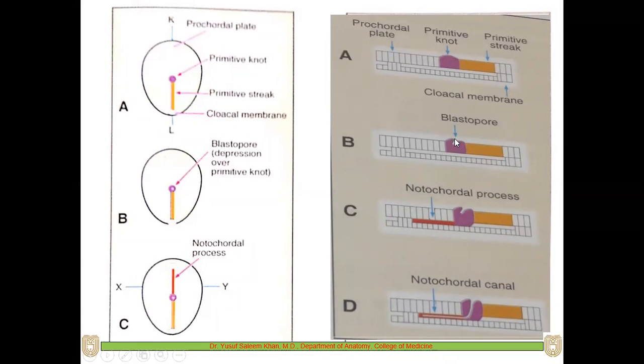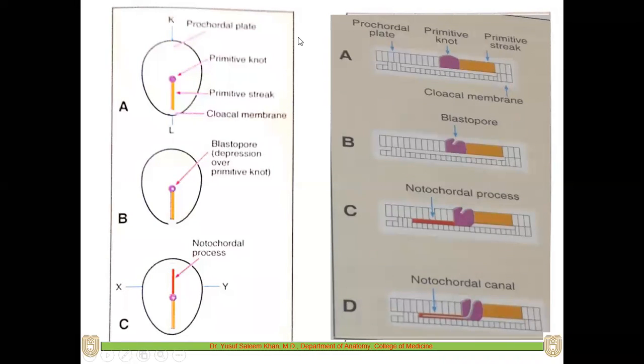Now there is a depression called the blastopore, also called the primitive pit. From the primitive pit, there is formation of the notochordal process in the midline. Now this primitive pit will extend through this notochordal process. Now this is called the notochordal canal.